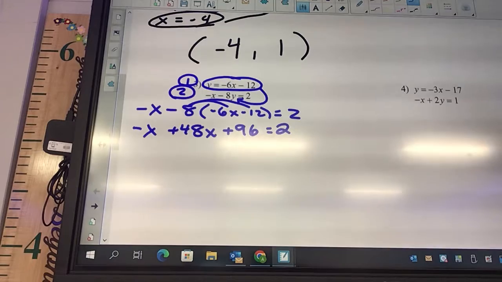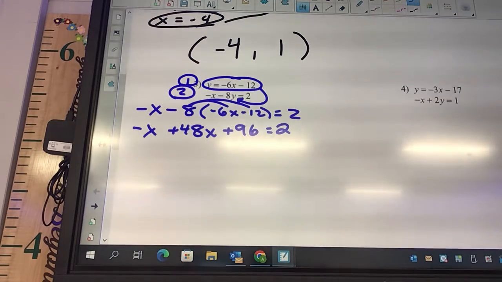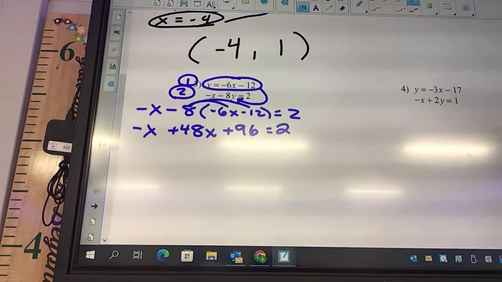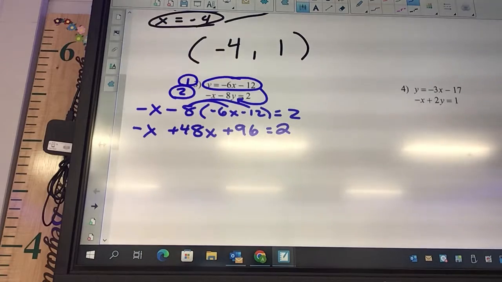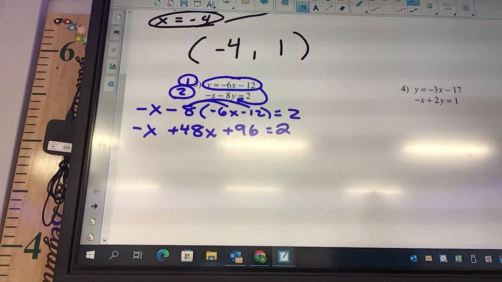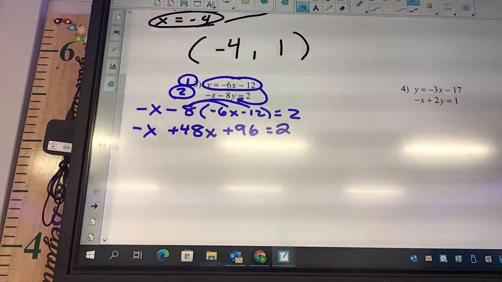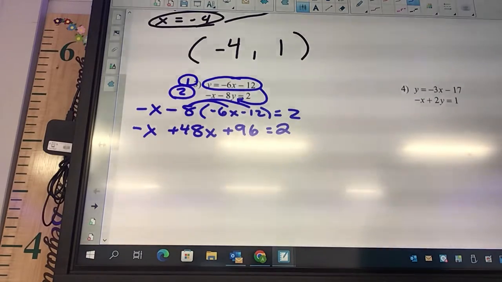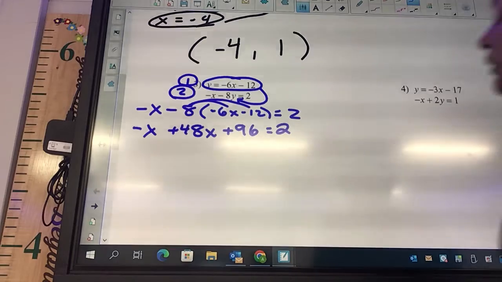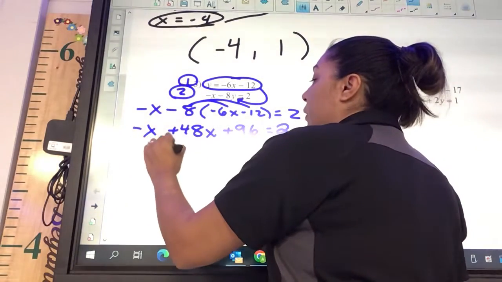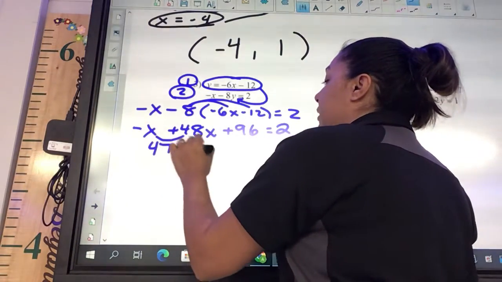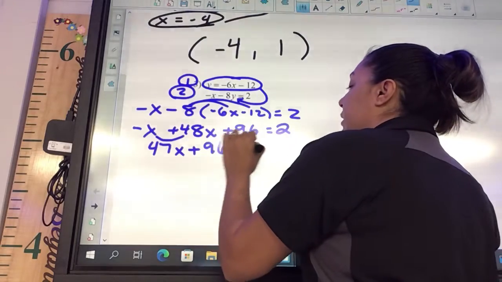Okay, and then what? Combine like terms. What can we combine? The negative x and the 48. And what is negative x? What does that mean? 1. Okay, so you're going to get 47x plus 96 equals 2.